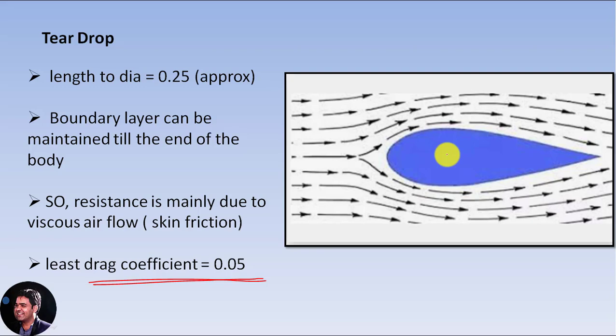And second, this teardrop shape increases the overall length of the vehicle, which has no use. So considering the overall cost reduction and the marketing strategy, we can say it is impractical to design such a teardrop shape for the body profile of any vehicle.